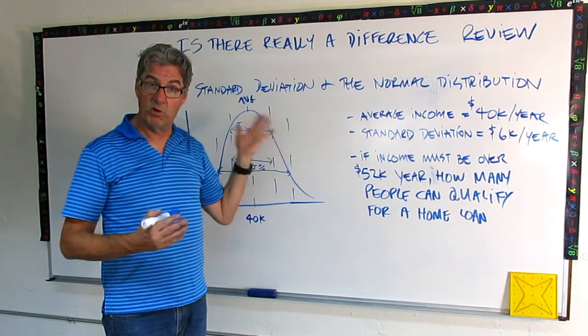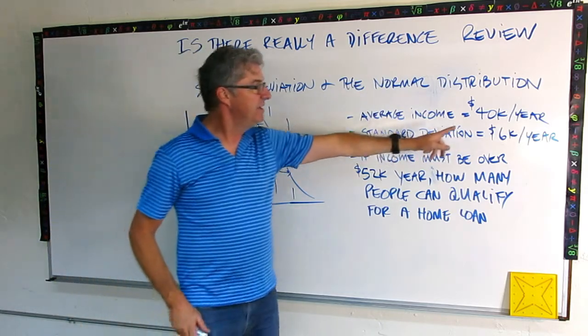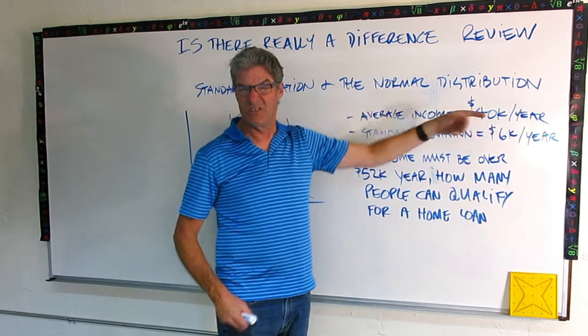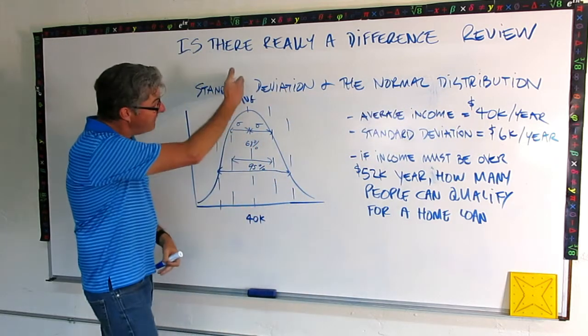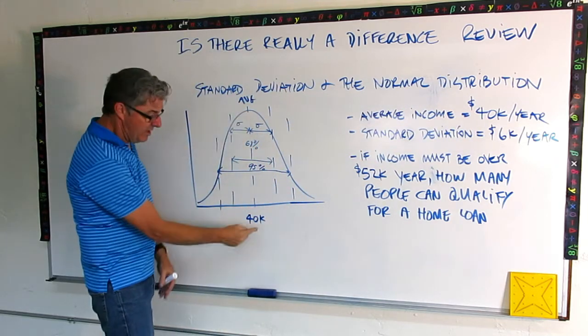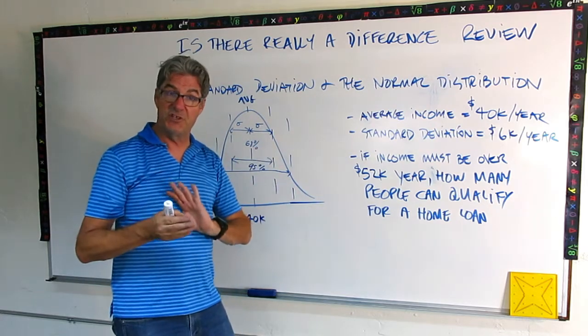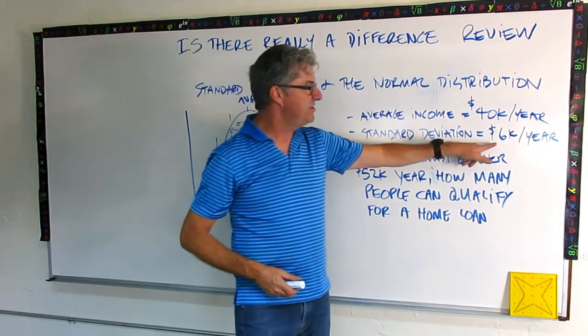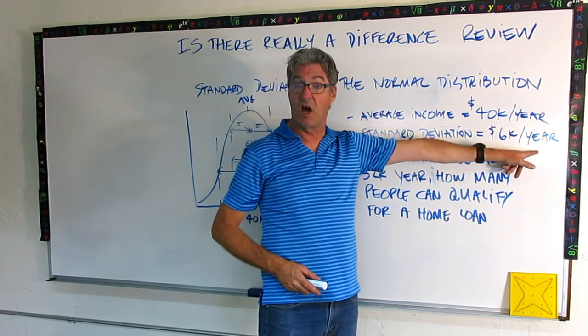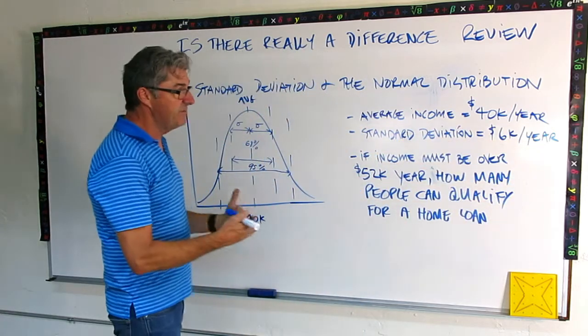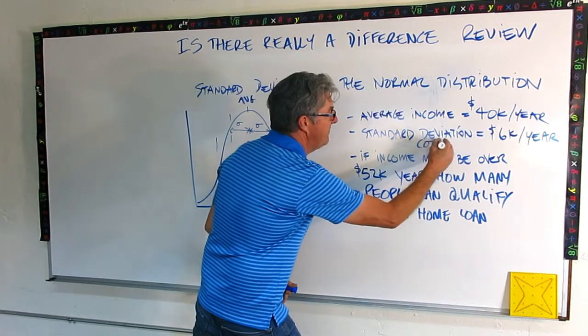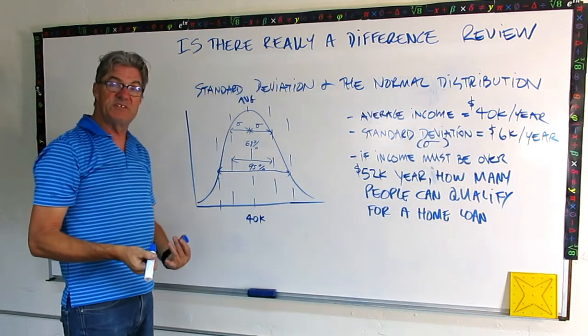Of our people that we're looking at, the average income is $40,000 a year. So that's the average income. And on our graph, that's right here at the top of the bell curve, and I marked it at 40,000. Now, in this situation, I'm going to tell you that the standard deviation is $6,000 a year. So 1 sigma, this is the sigma value right there. 1 sigma is 6,000.